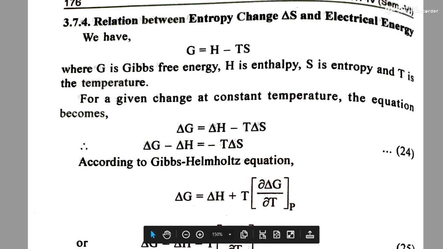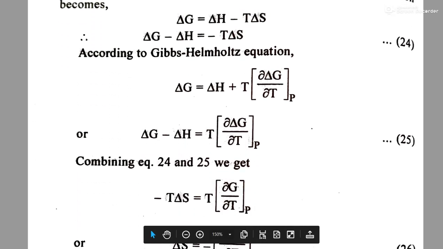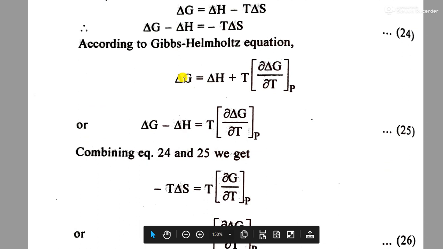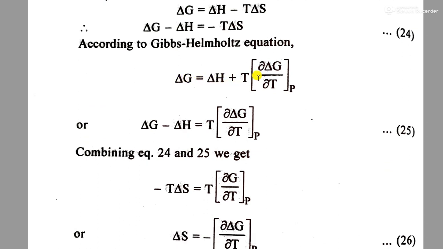Then according to the Gibbs-Helmholtz equation, we know that delta G is equal to delta H plus T dou by dou T of delta G at constant pressure, or we can write it like this: delta G minus delta H is equal to T into dou by dou T of delta G at constant pressure. We are bringing this delta H term to the left hand side.